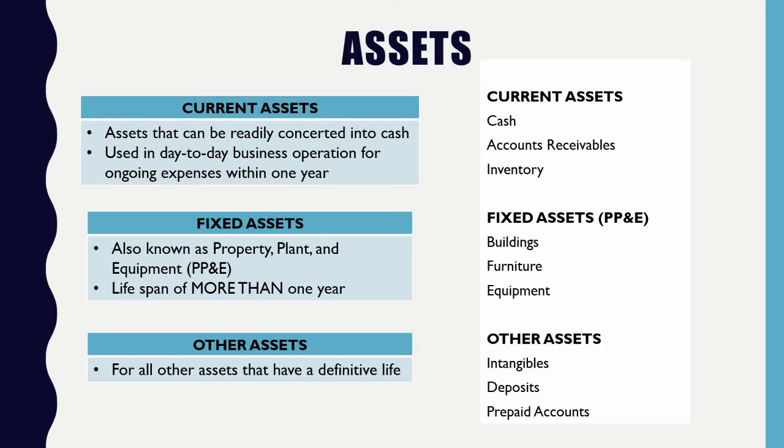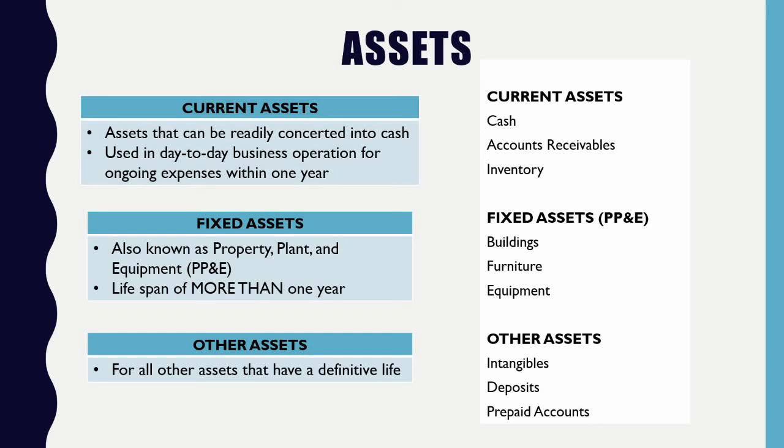Accounts receivable is people owing you money, so you can convert that easily by going up to them and claiming the money. Again, inventory, you can create cash by just selling your inventory. So it's based upon how quickly you can convert it to cash.